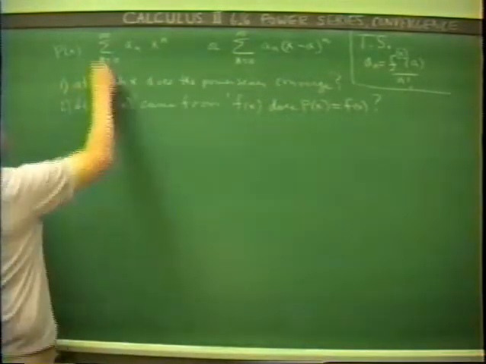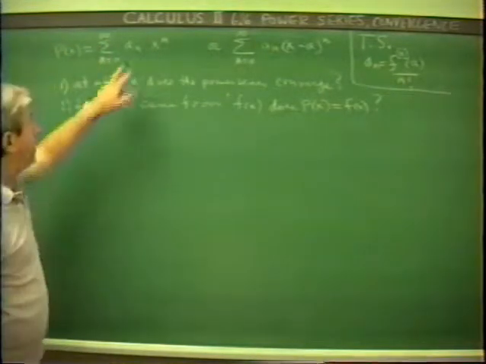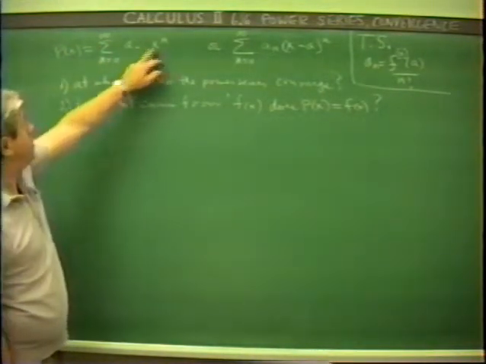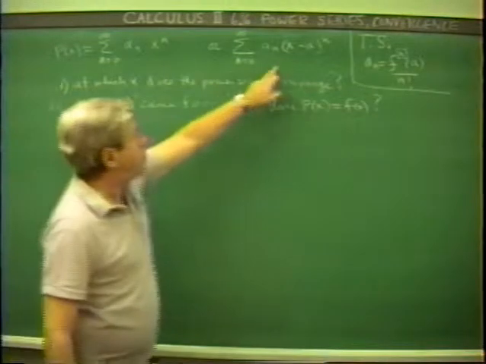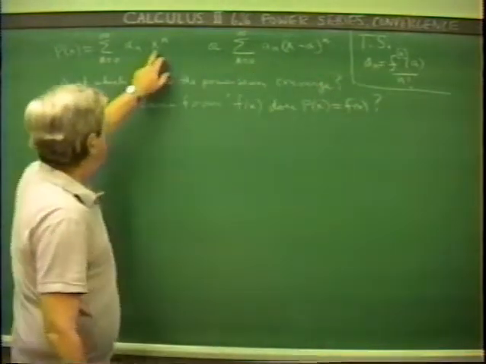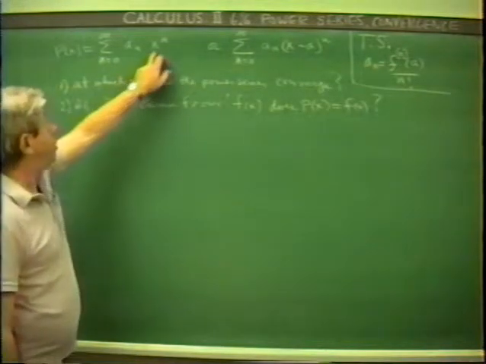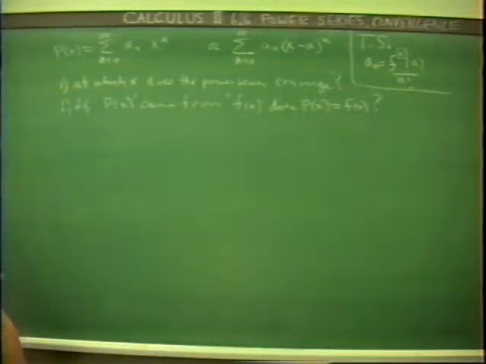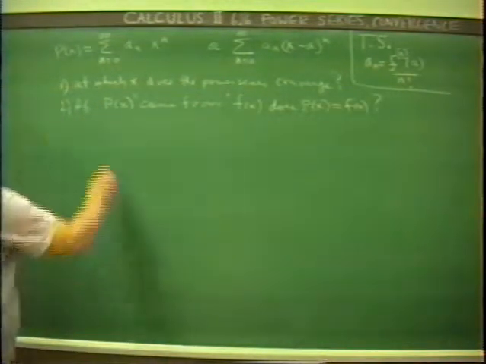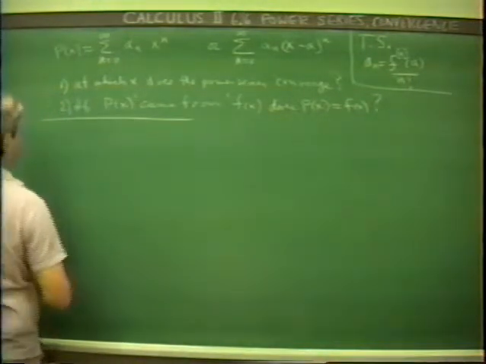We put various x's in here, we get a series of numbers. And then the question is, does that converge? This will always converge when x is equal to 0, when we get a sum of zeros. And this one will always converge when x is equal to a. The real question is, what happens when x is different from 0, or x is different from a?